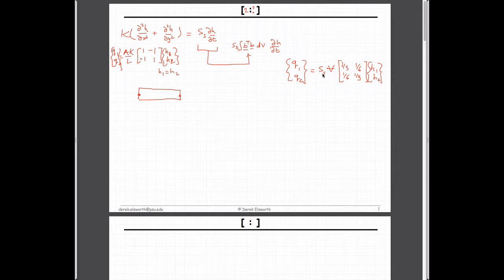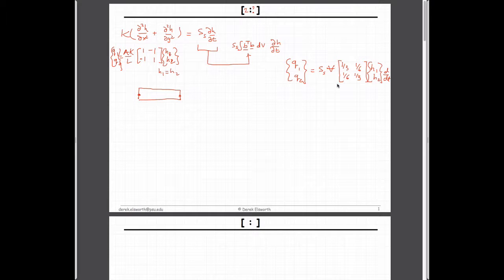And I suppose if we want to be true to this, this would be however the head changes as a function of time. So not the fact that it's changing between element node 1 and node 2, but maybe it's going up and down uniformly.